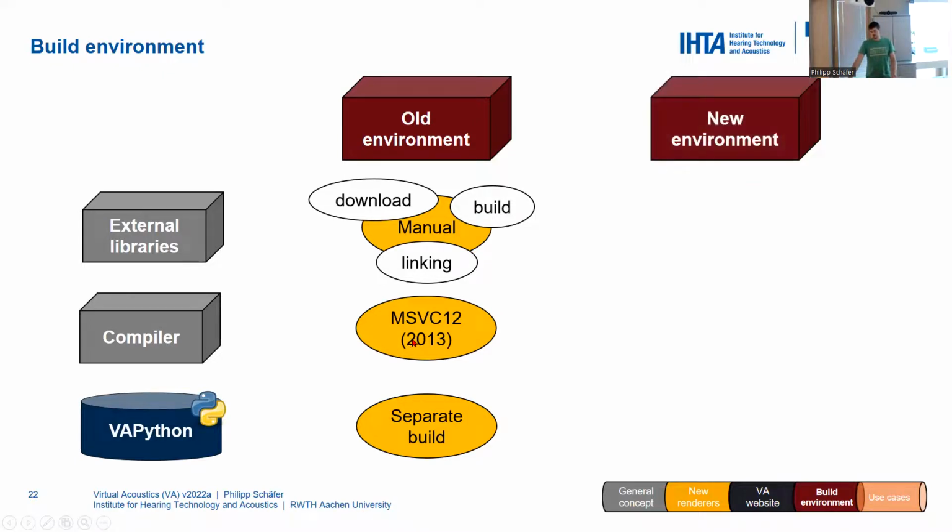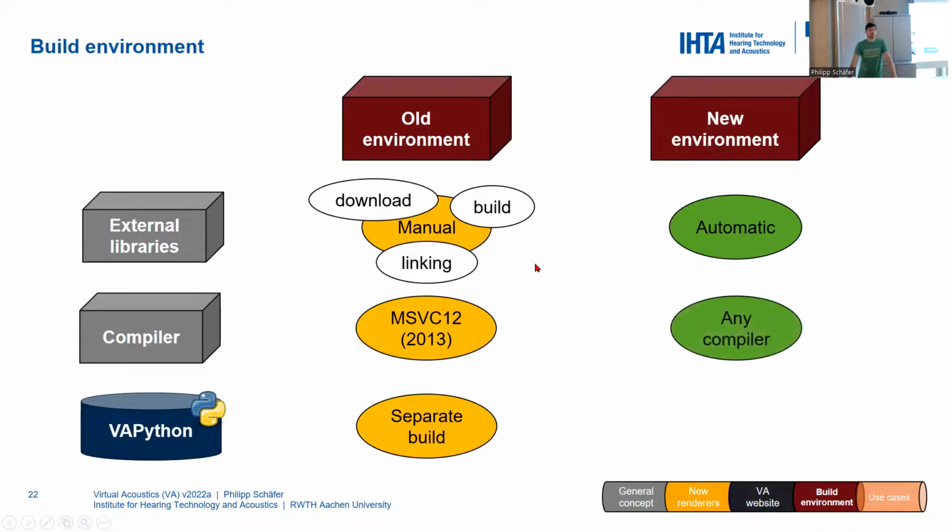And in the new environment, external libraries are handled automatically. So they download it for you, they are built for you, they are linked for you. And this is all automatic and allows us now to use any modern compiler. And of course, then this also allows us to include VA Python.